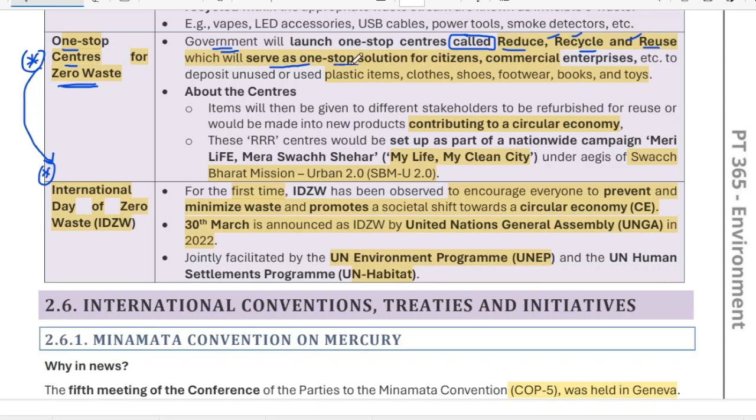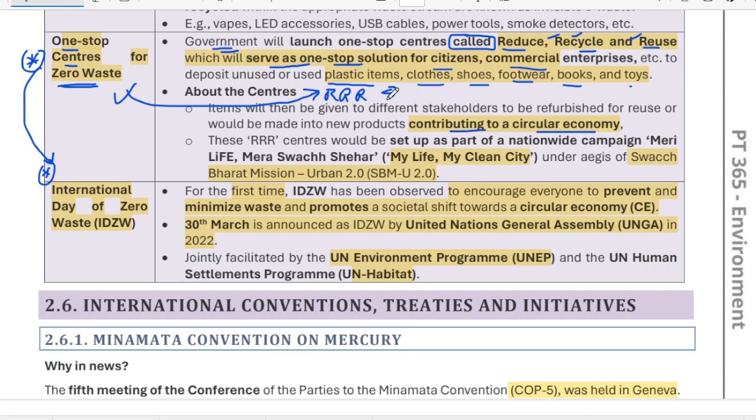These will serve as a one-stop solution for citizens and commercial enterprises like companies to deposit plastic items, clothes, shoes, footwear, books, toys, everything that is waste for you, at these triple R centers. Hence these all will contribute to the circular economy.